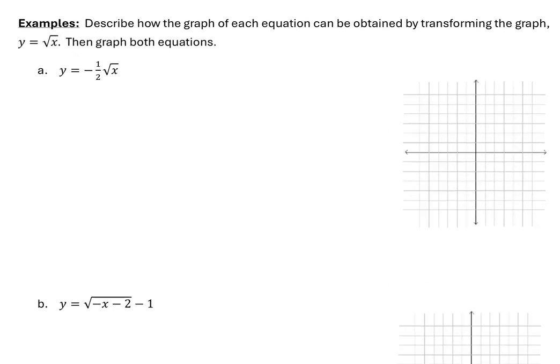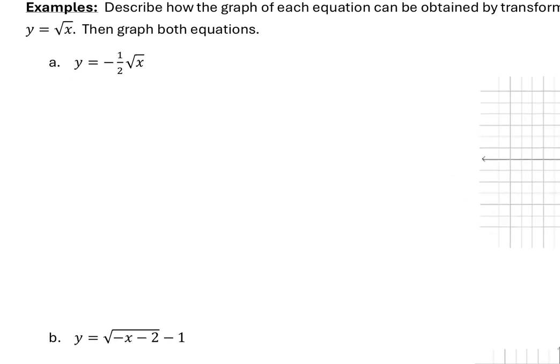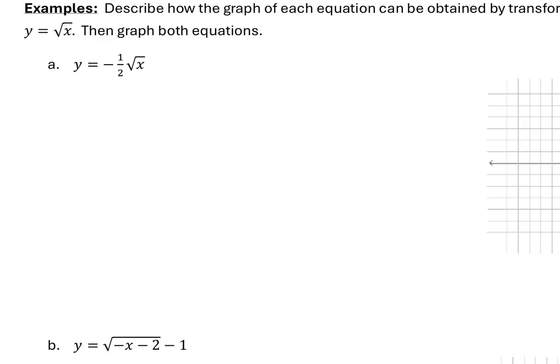All right, so let's go ahead and look at our first couple of examples here. Again, remember we're going to be doing several things to these equations. So the first thing we're going to talk about is what happens. Remember our order when we talk about these.